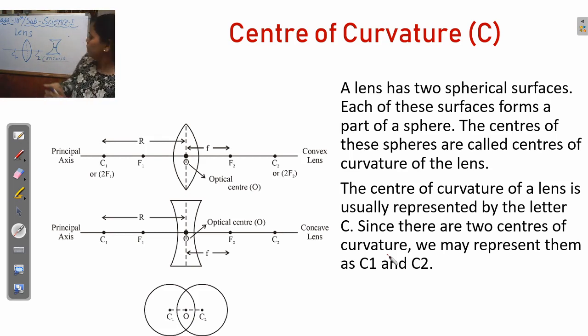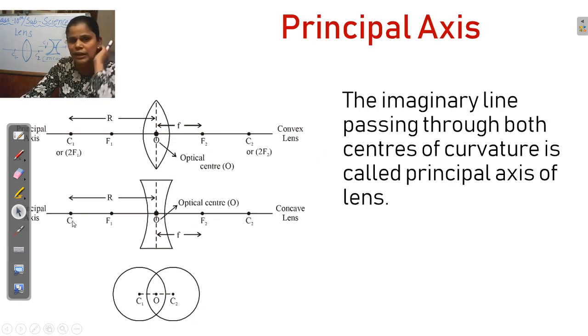Clear, students? In the same way, the center of this part is in this direction, so this is C1, and the center of this part is in this direction, so this is C2. So there are two centers of curvature, denoted by the symbols C1 and C2. Then next is the principal axis.